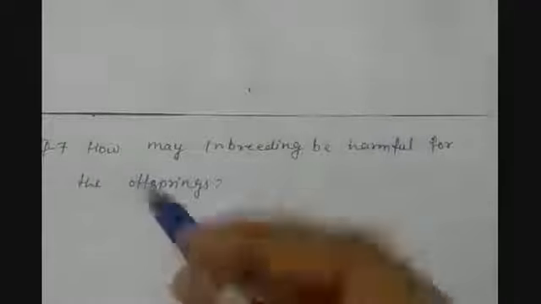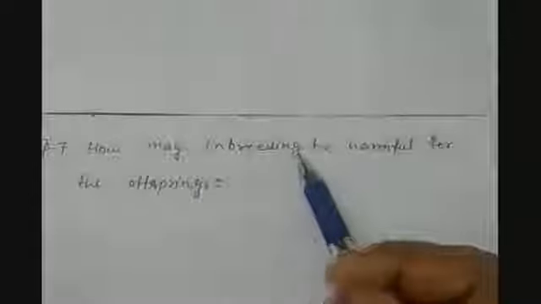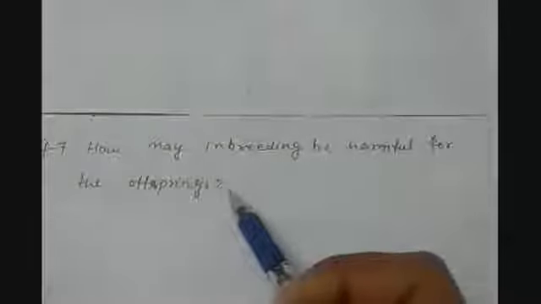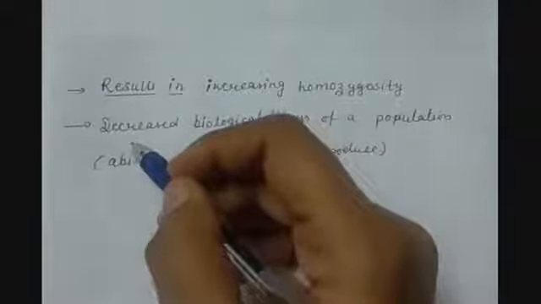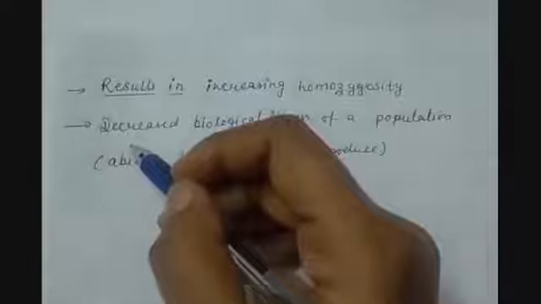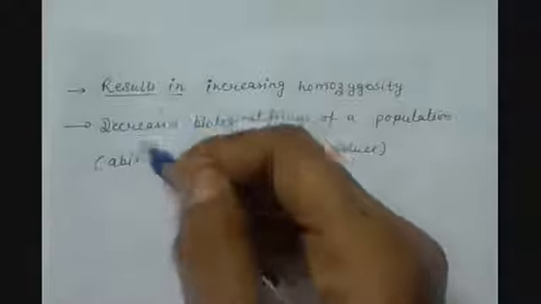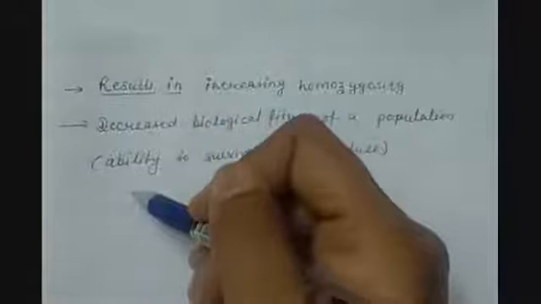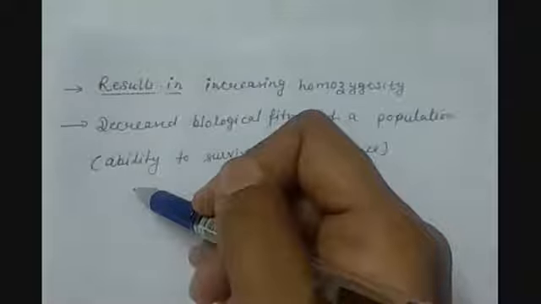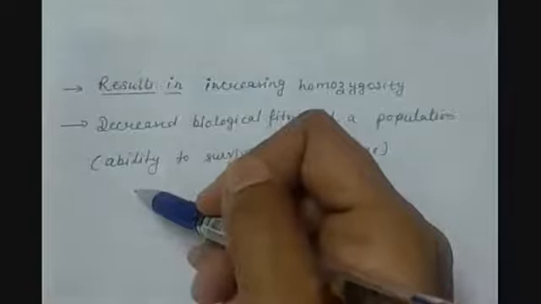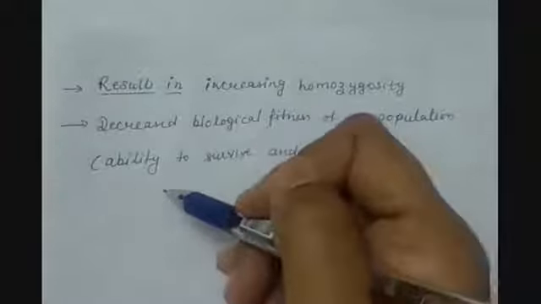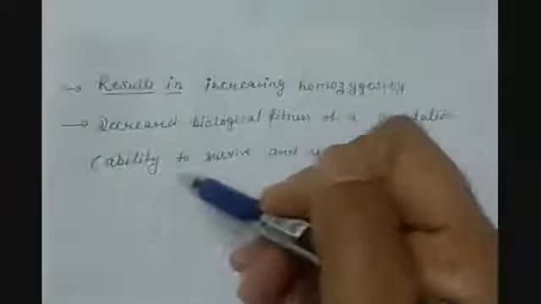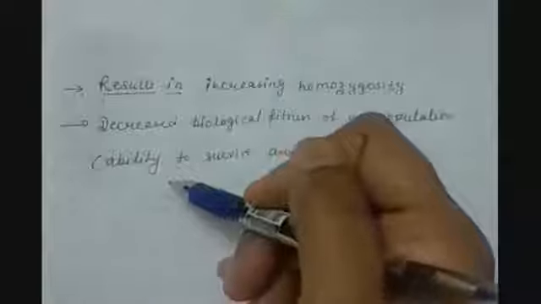Question number 7 is, how may inbreeding be harmful for offsprings? Inbreeding is basically a method of reproduction in which the organisms reproduce offsprings by mating with individuals which are closely related to the organism.